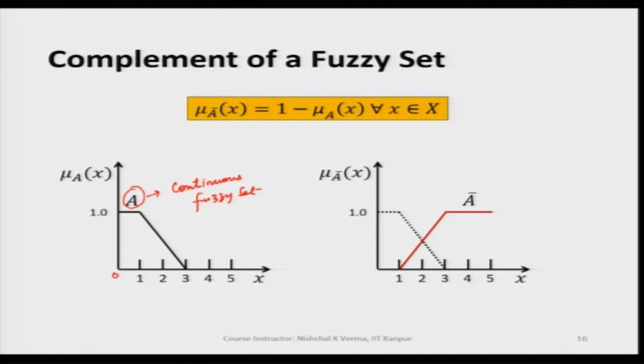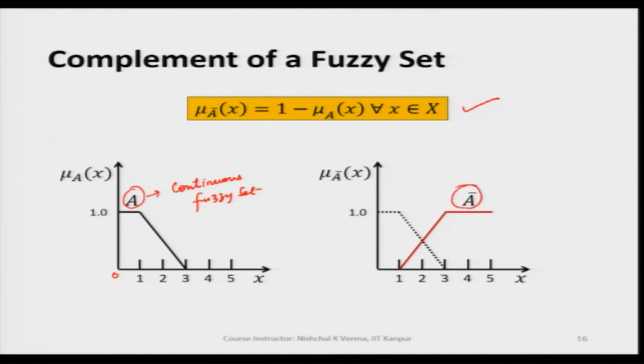If we follow this criteria, the complement fuzzy set A bar, its membership values will be computed as 1 minus mu A x for every x belonging to the universe of discourse. If we do that, we are going to get A bar like this.